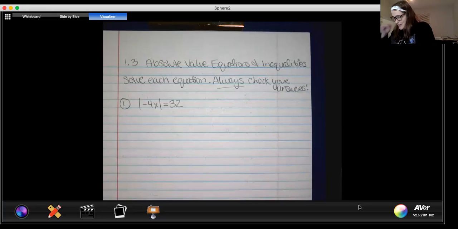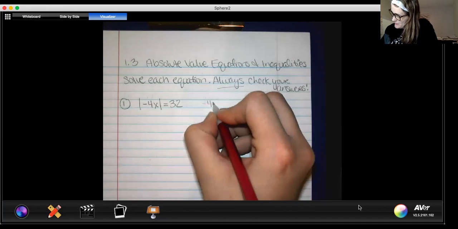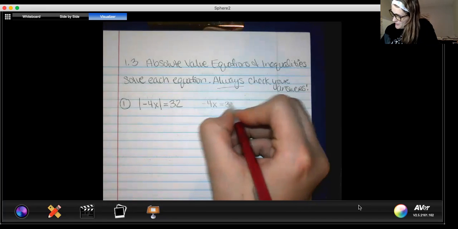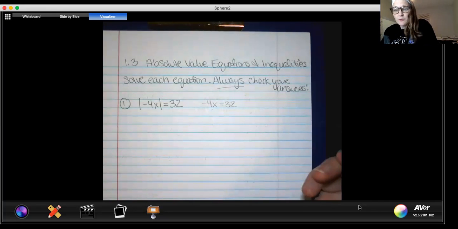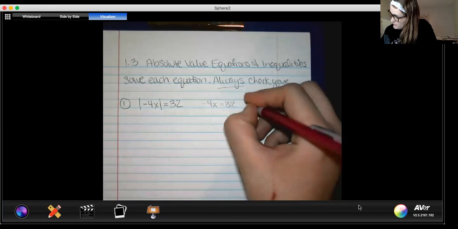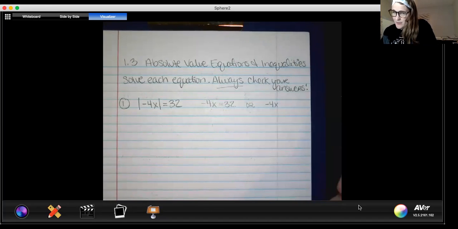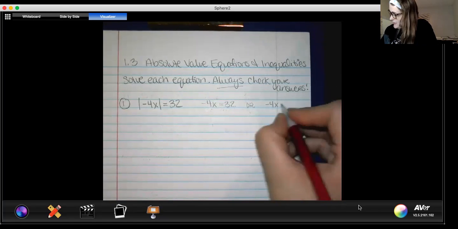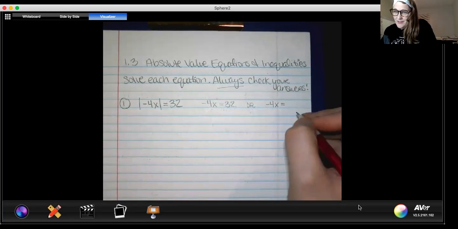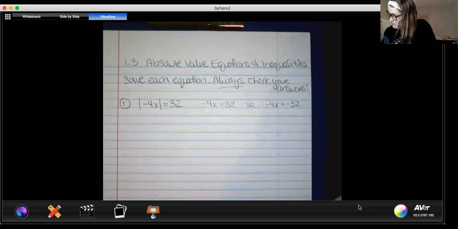So there are 2 methods for finding them. First, you treat the equation as is, just without the absolute value sign. So you have negative 4x equals 32. Or you keep the inside of the absolute value the same, and you set it equal to the opposite of the outside value, so negative 32.